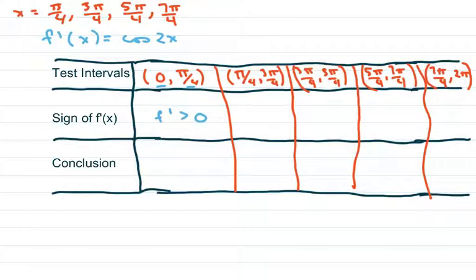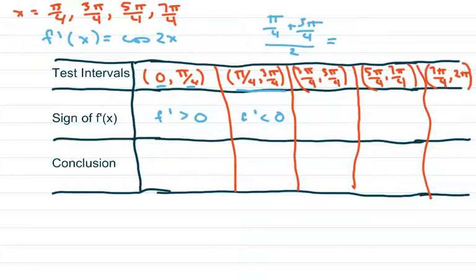And then I'm adding pi over 4 plus 3 pi over 4 and dividing by 2. That's going to give you pi over 2. So you plug in pi over 2, you get cosine of pi, which is negative 1.